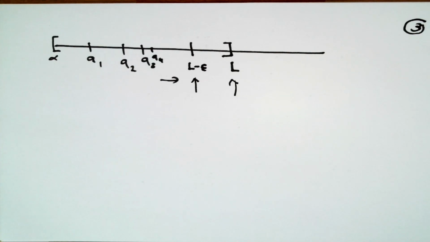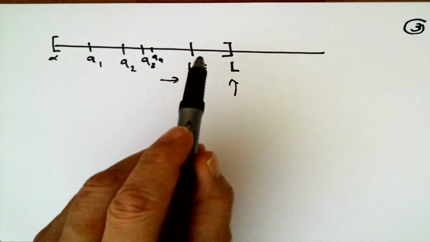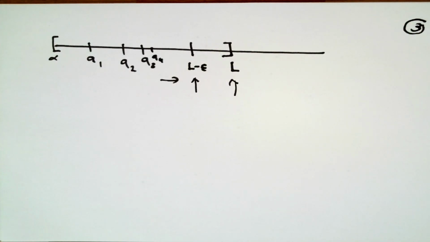But L was the smallest upper bound. L minus epsilon is smaller than L is. So what we've found is an upper bound that is smaller than the smallest upper bound, and this is a logical contradiction. So the thought that I can back up a little bit and have none of the A numbers in this region is wrong.